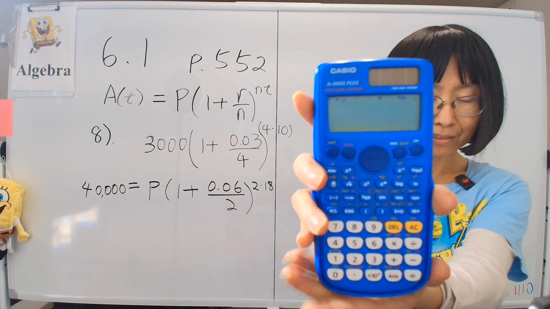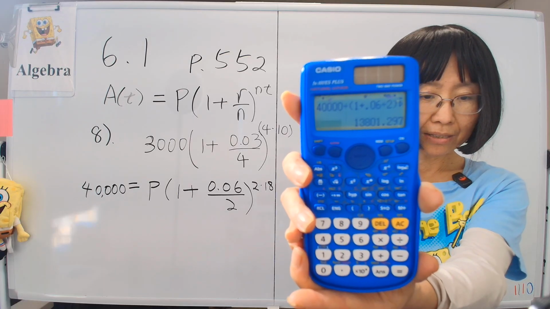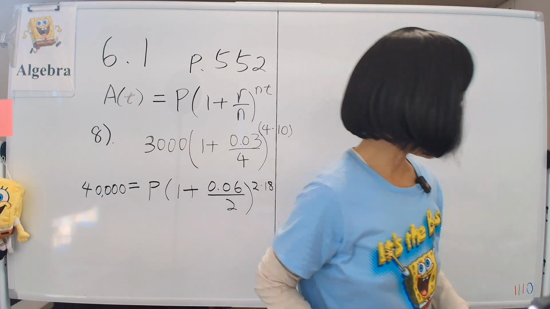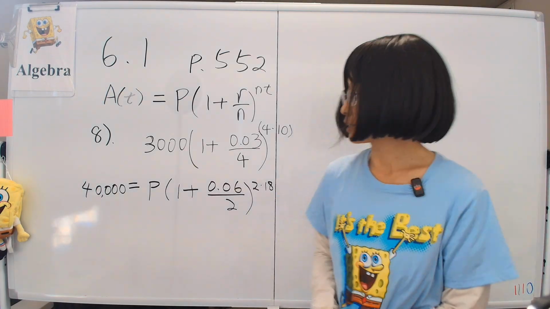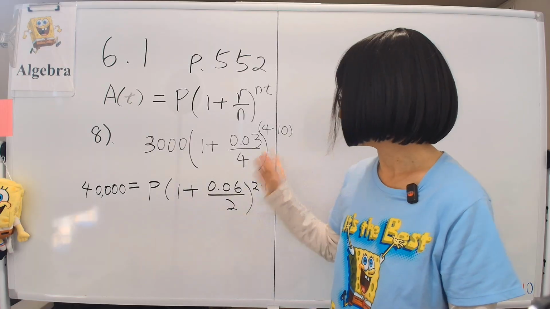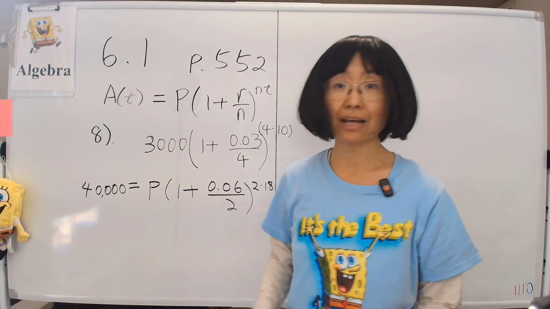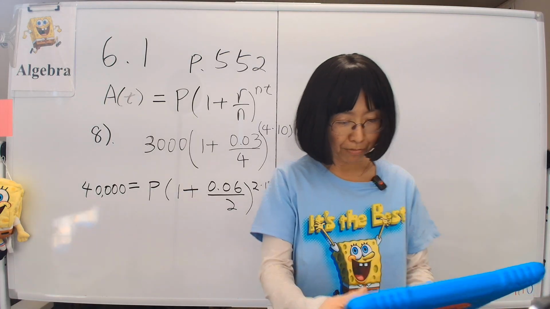Let's see if a reasonable answer comes up. Is 13,800 right? Let me check. That is correct. So if you start with $13,800, after 18 years your account will be $40,000. All right. So that is example 9.